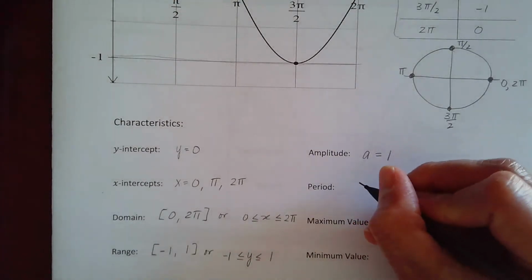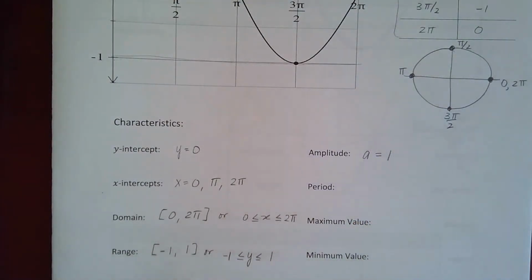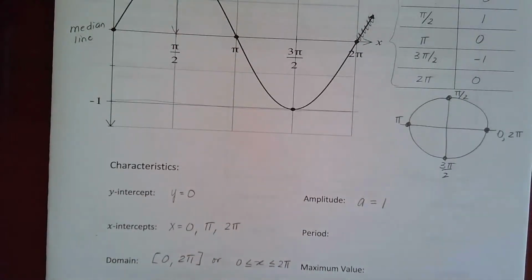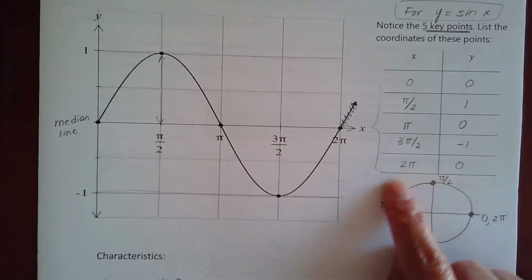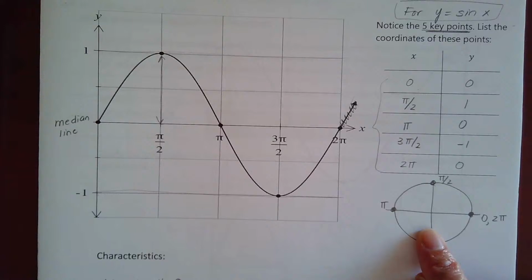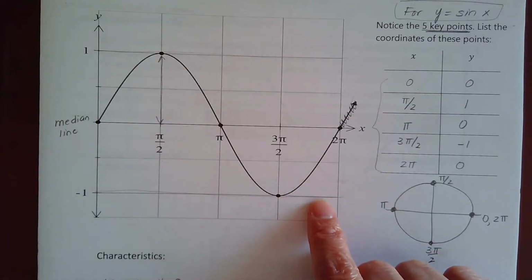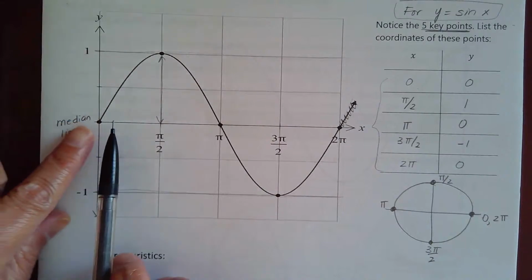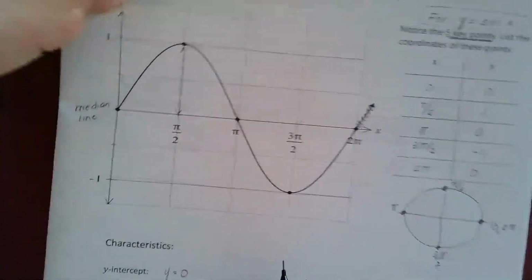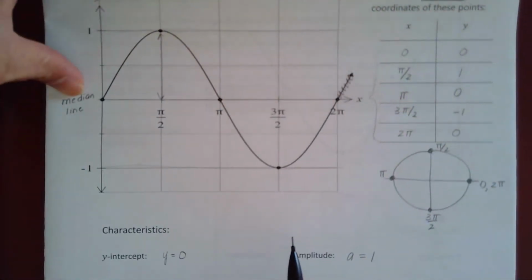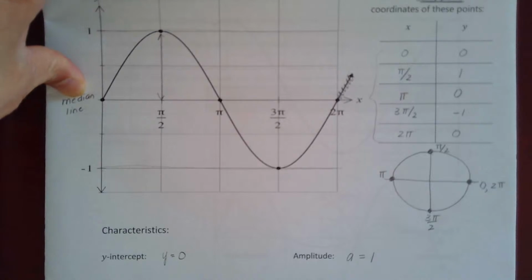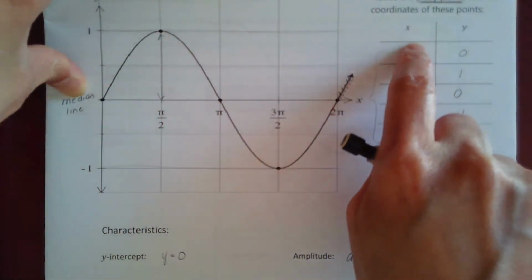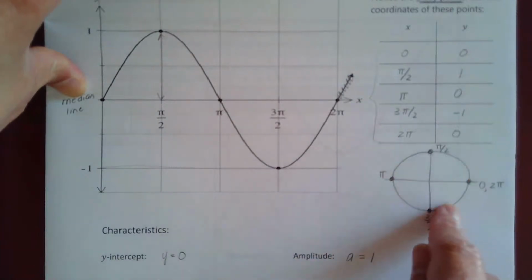Period. Period is how long it takes to repeat itself. As we can see here, it's going to repeat itself every 2 pi. We said the period could be from a maximum to the next maximum, or minimum to the next minimum.